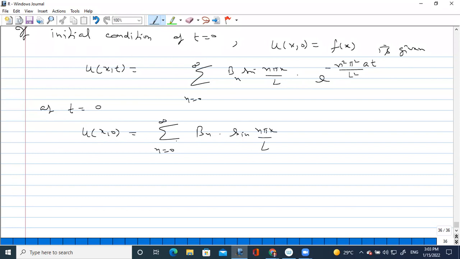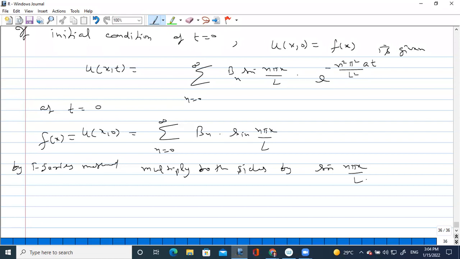So now by the Fourier series method, this is equal to f(x) now. Multiply both sides by sin(n pi x by L), and then integrate.